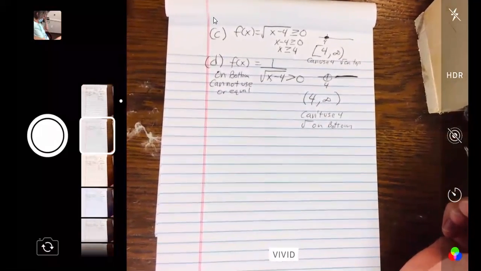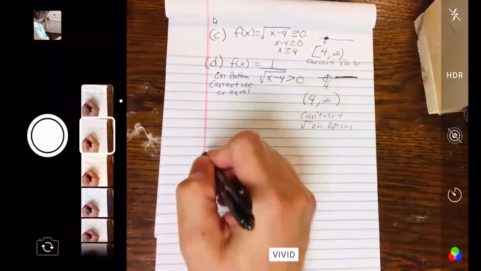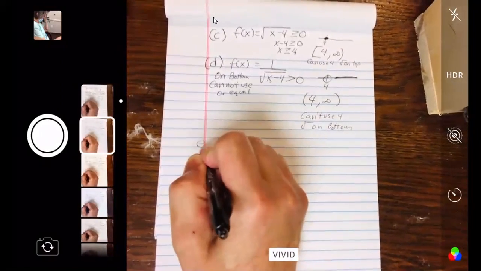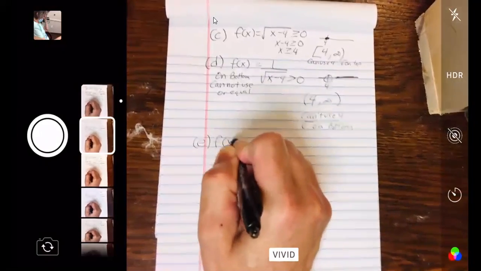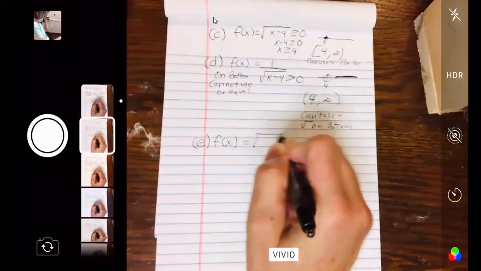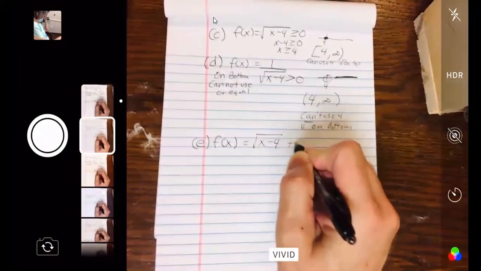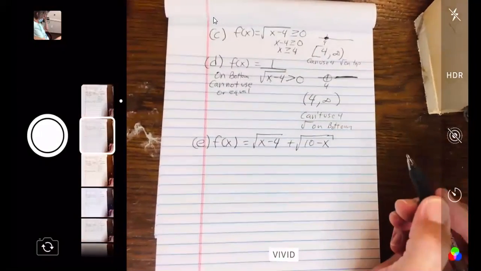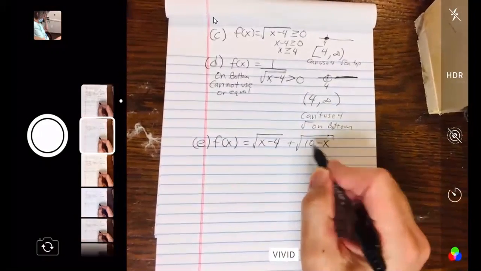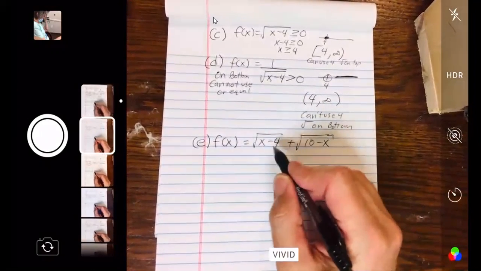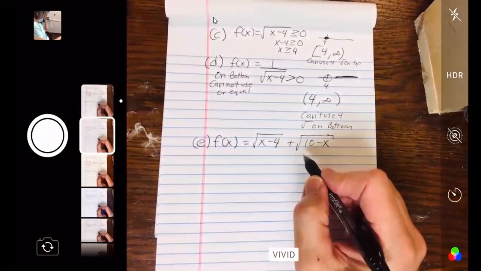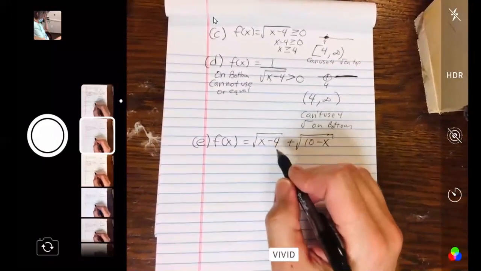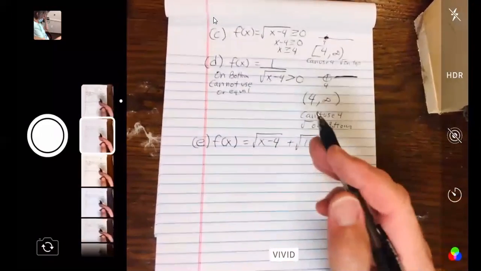Okay, so for E, I bring in another square root. I keep the first one, then I add a square root of 10 minus x. The idea is to handle them individually and then put them together.